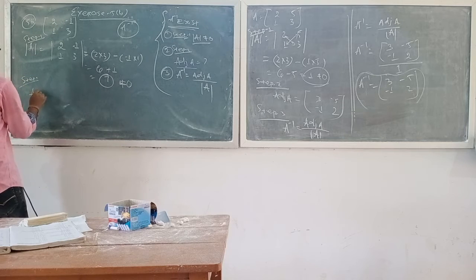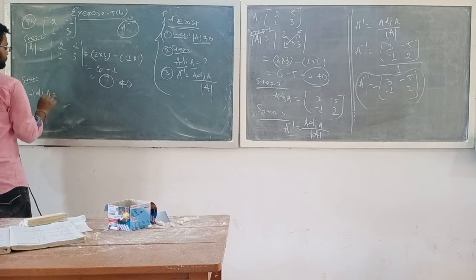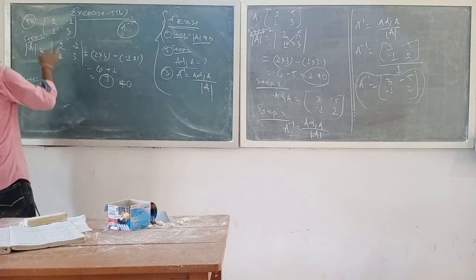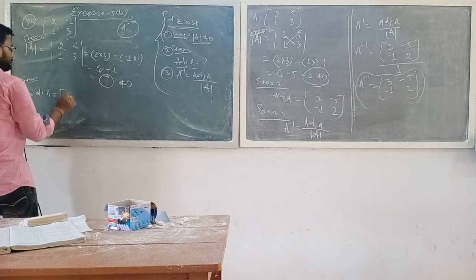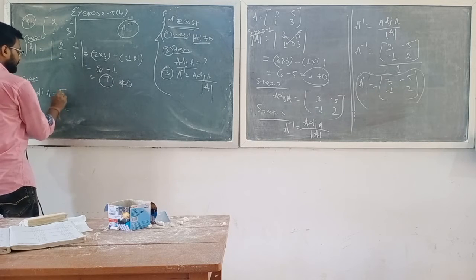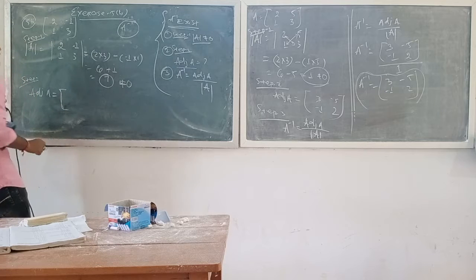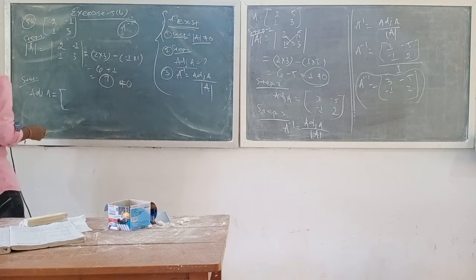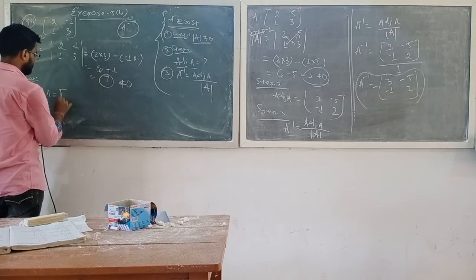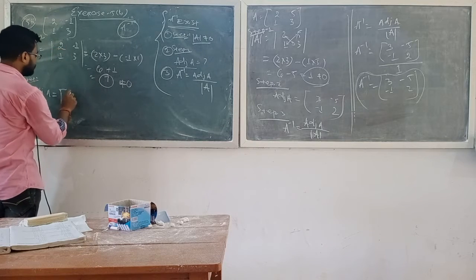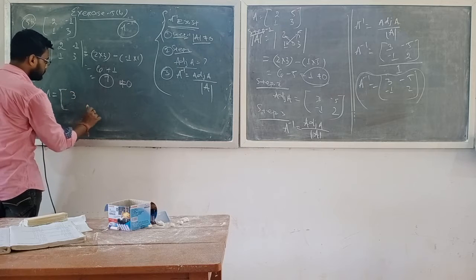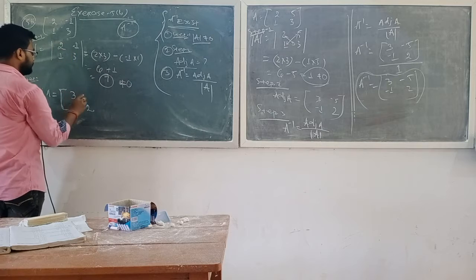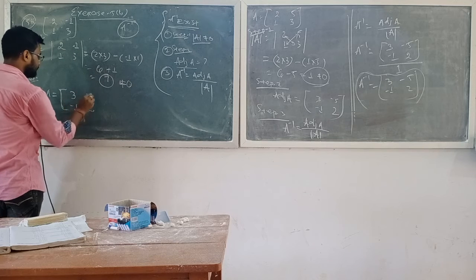Now second step: adjoint of A. We interchange the principal diagonal elements and multiply the off diagonal elements by the negative sign. That is, 2 and 3 are interchanged to 3 and 2, and the sign is multiplied in the off diagonal elements, 1 and minus 1. This is the shortcut way.